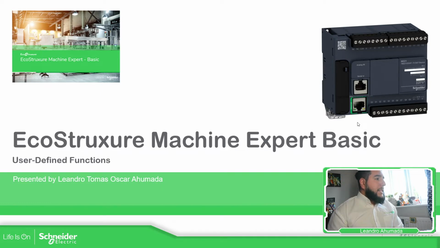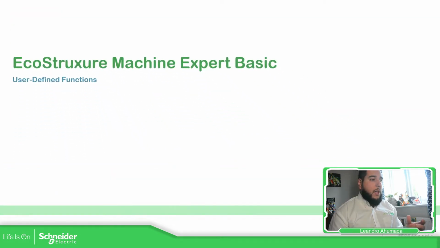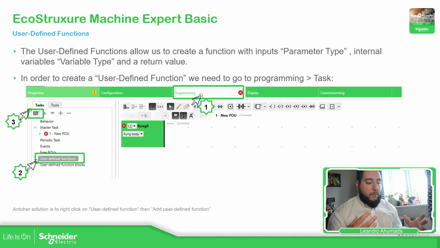So in the software EcoStruxure Machine Expert Basic, we have the possibility to create our own functions. In case we want to make a mathematical equation or another calculation, we can create our function, so we don't repeat some part of the code, and we can replicate the same.